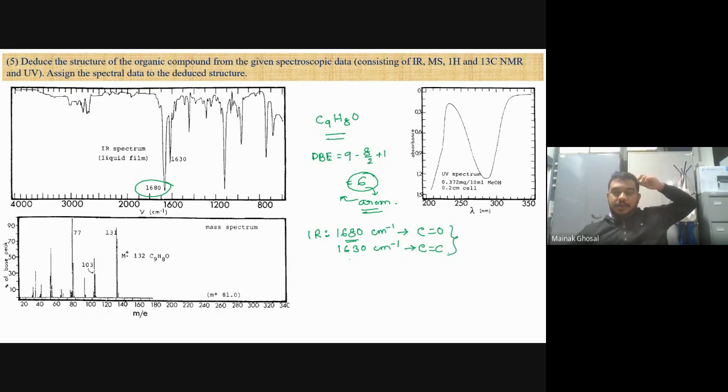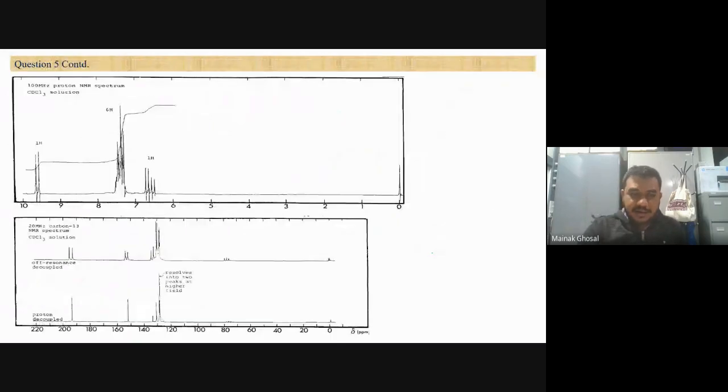Okay. If you are given such kinds of questions, you first see the IR spectrum, and you expect a carbonyl. Then you see the other two spectra, mass and NMR, from which you predict which kind of carbonyl it is. Now see here, a peak at 9 point something, 9.7, 9.8, delta 9.8.